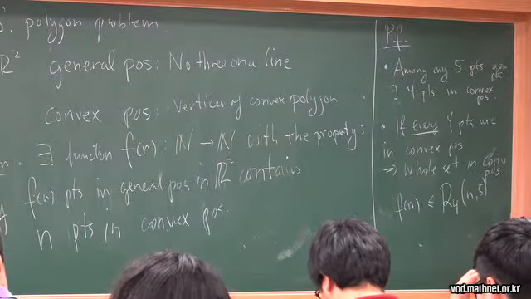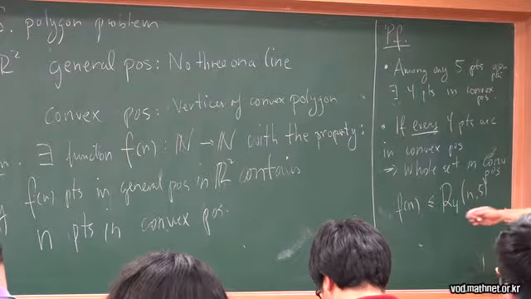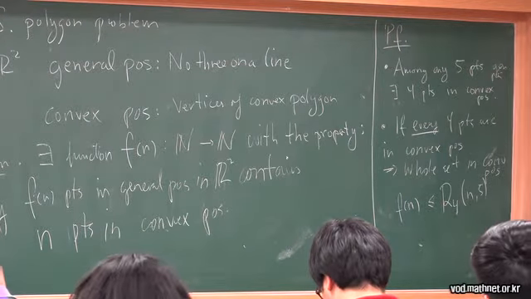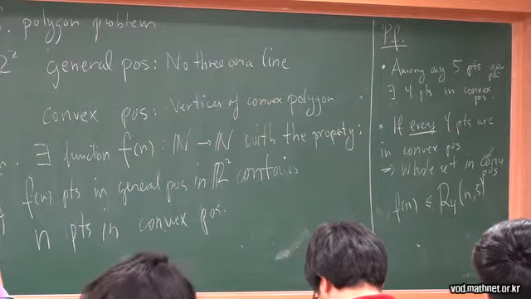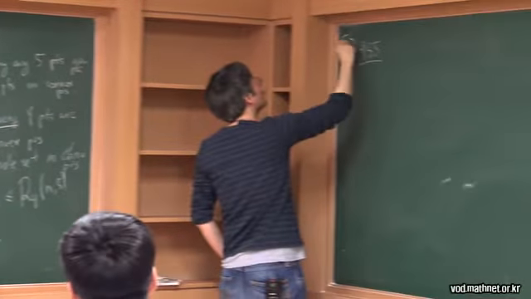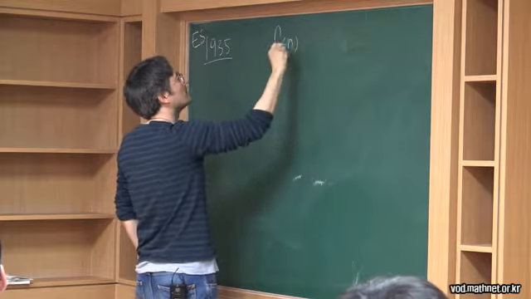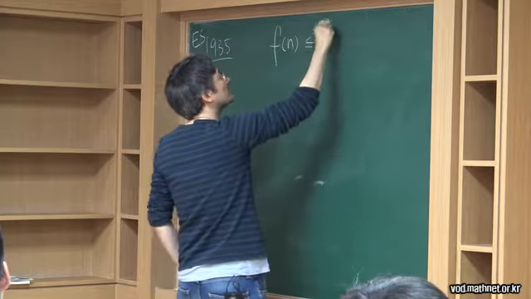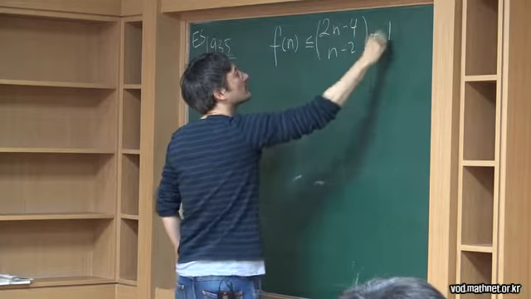And then, like I said, in Ramsey theory, comes the question, how well can you estimate this? And in the same paper, they gave a different proof, in which they showed that f of n is at most binomial(2n minus 4, n minus 2) plus 1.